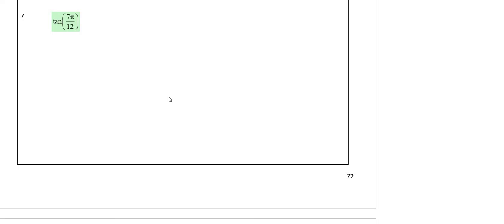So here we have the tan of 7 pi over 12. Okay, so now I need to see what is 7 pi over 12. I see it is 105 degrees again. So if I want to, I can write here that is the tan of 105 degrees.